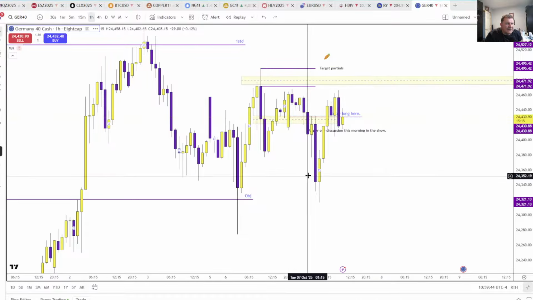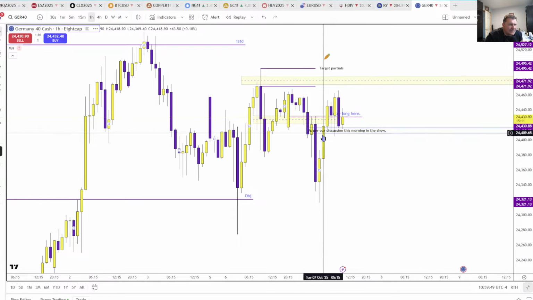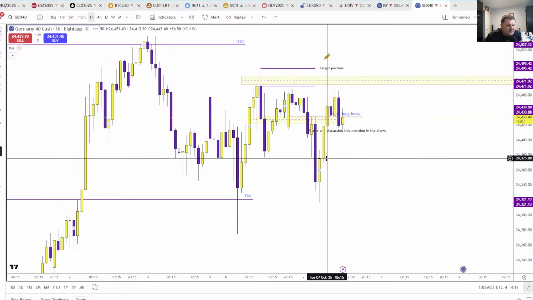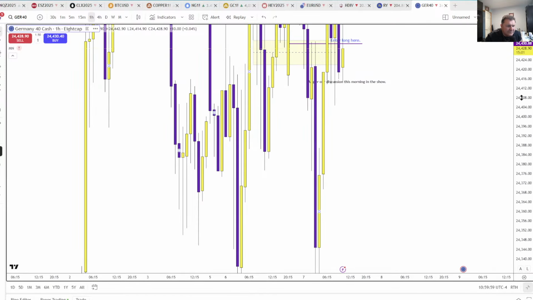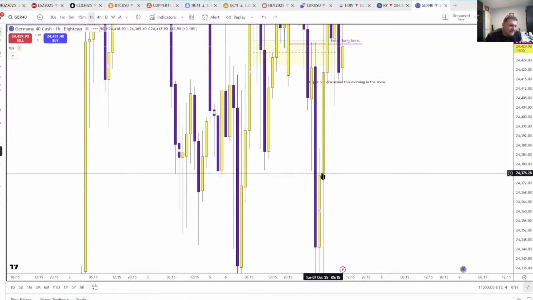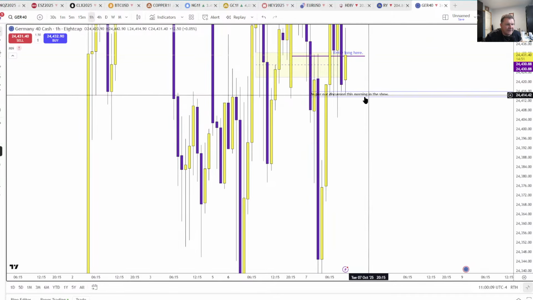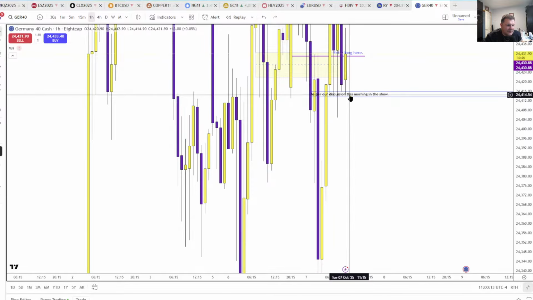What about our friends over here in DAX? There's a little tiny imbalance right here. Oh, no, there's not. They're overlapping. This one right here. Nothing. Order block to the left. Come back. Find support at its mean threshold.